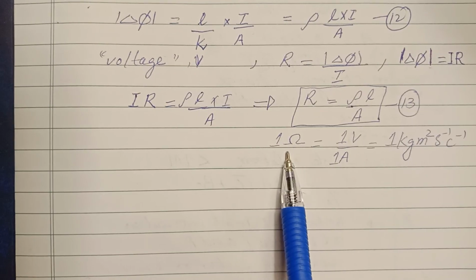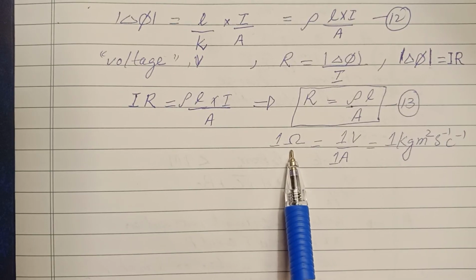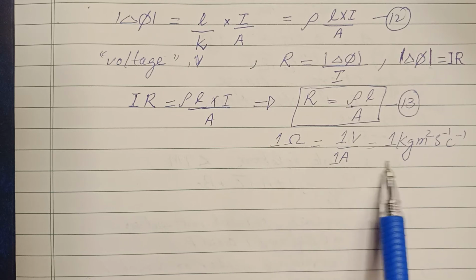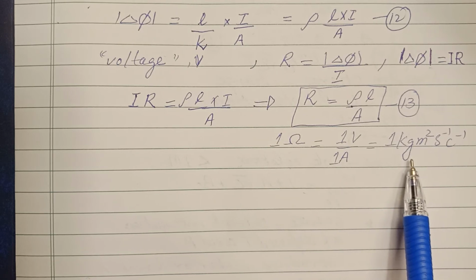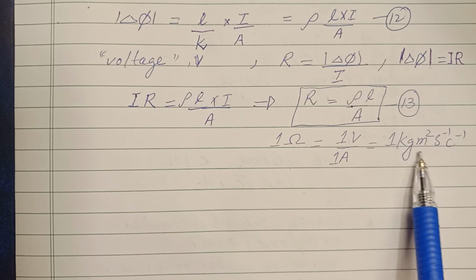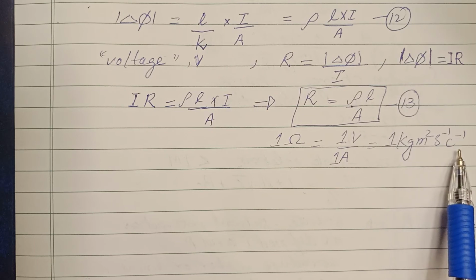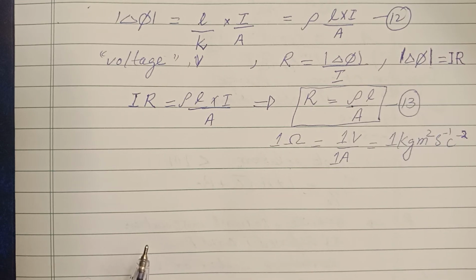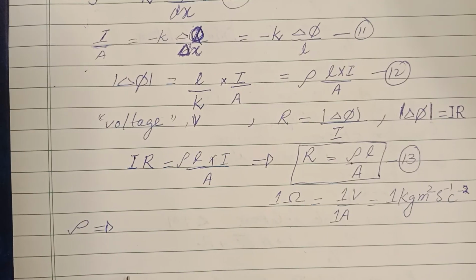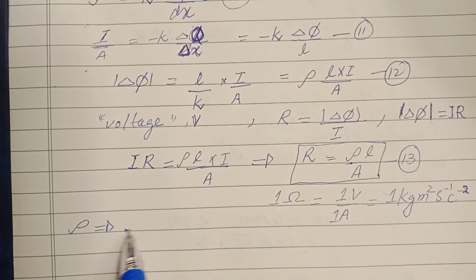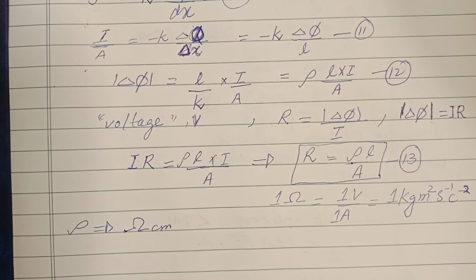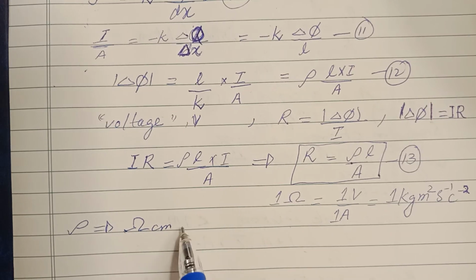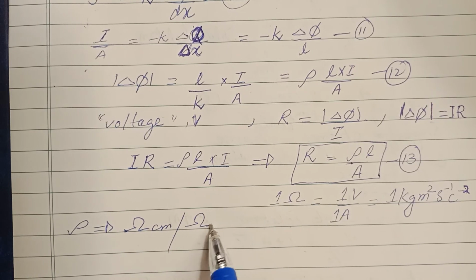The unit of resistance, that is ohm, is expressed in terms of kilogram meter square per second per coulomb square. The unit of resistivity is ohm centimeter or ohm meter.